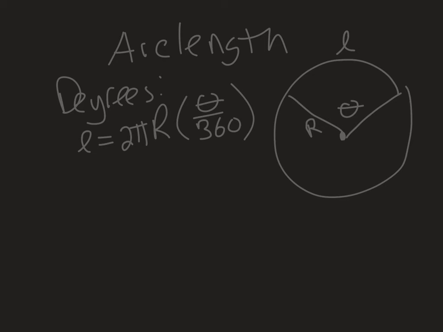Essentially, I'm multiplying the whole circumference by whatever fraction of the circle I have. If I have half of a circle, I would multiply it by half. If I have a quarter, it'd be a quarter. If I have 72 degrees, I have 72 360ths of the circle. That would be the formula we would use.